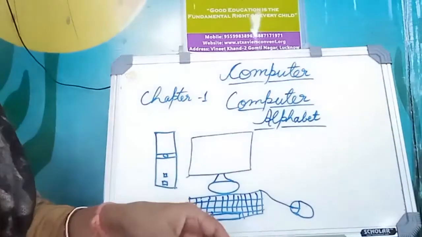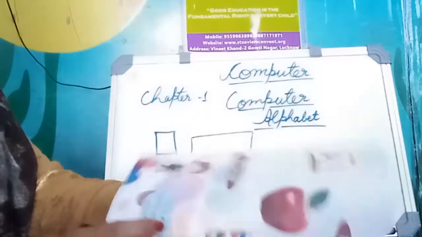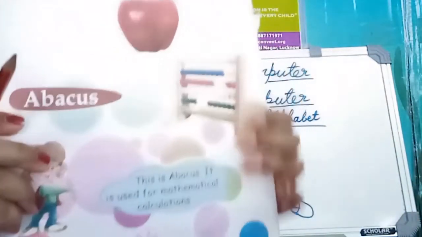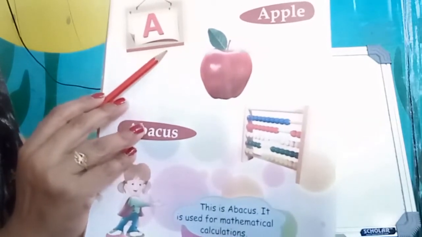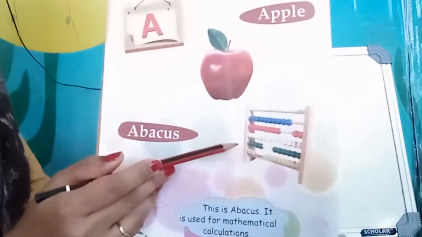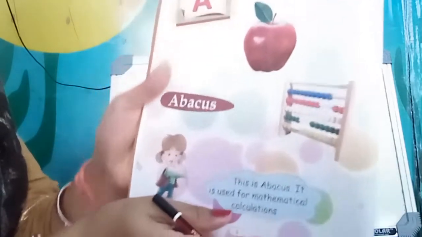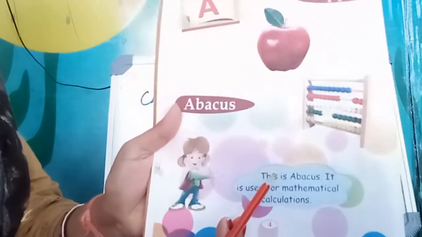Now open the next page with alphabet A, very known alphabet A. A for apple, and in computers, A for abacus. This one is known as abacus. Alright. So, what is this?